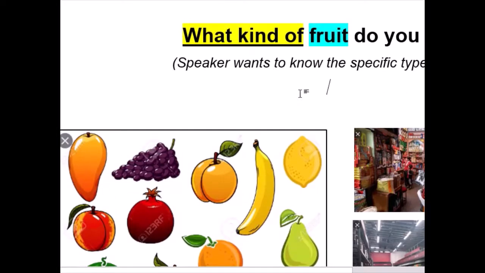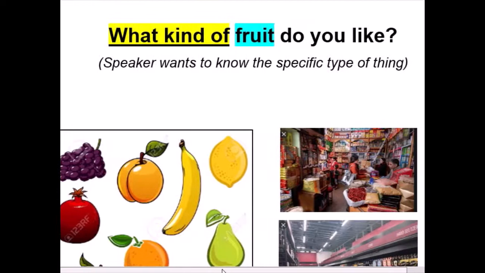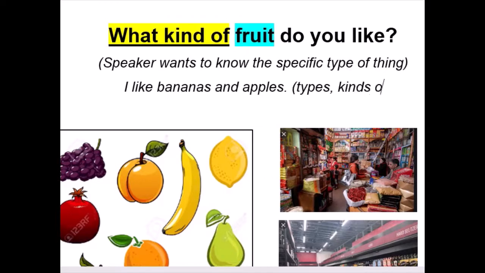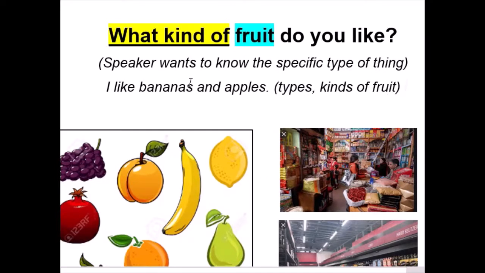If they say, what kind of fruit do you like? You know, I could say, I like bananas and apples, okay? So these are types or kinds of fruit, okay, in my answer.